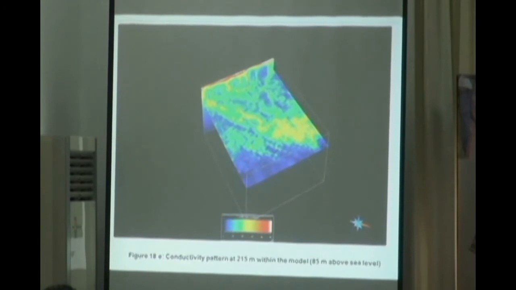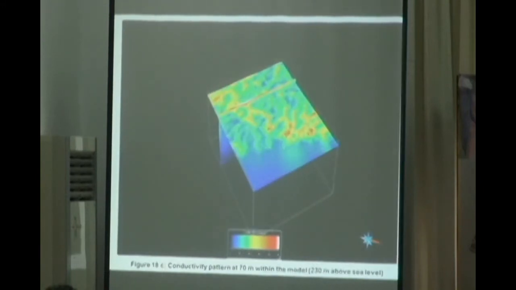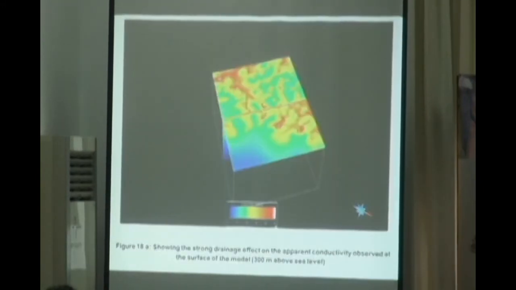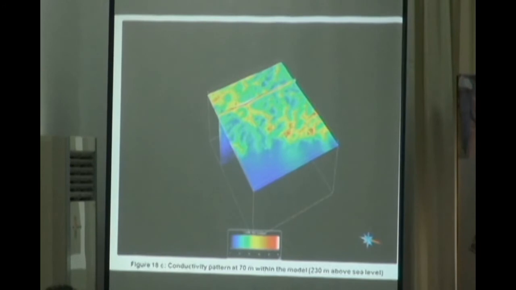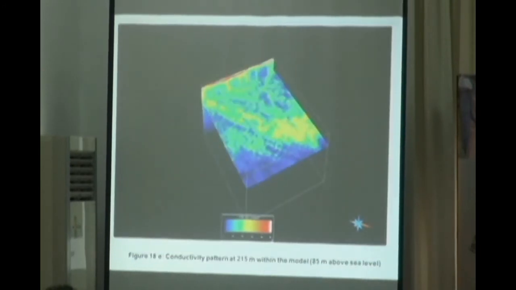And this is 215 meters at depth into the ground, into the model. What we note as you move from the surface, let's say from 60 meters going to 70, going to 80, then to 215, you see that there is now a splitting of the conductivity values. You're having like a zone of high conductivity values, which can possibly be due to some form of shear zone that is existing at that depth.